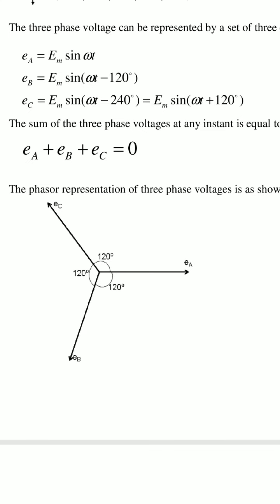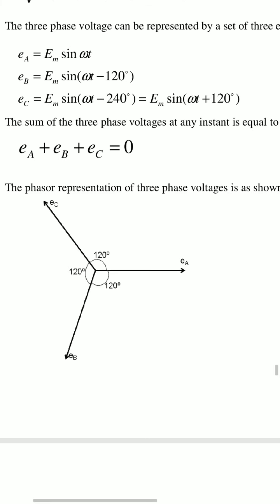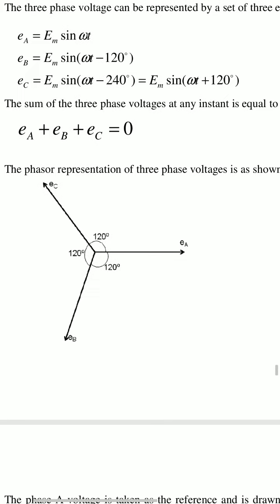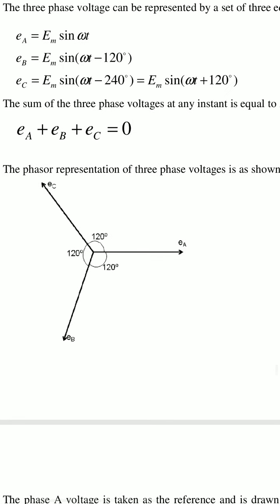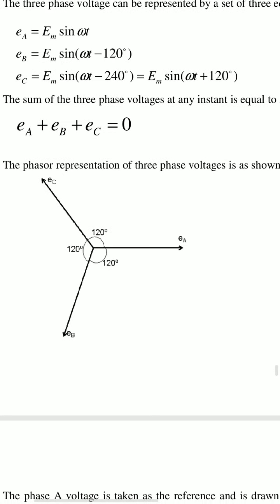B phase is displaced by 120 degrees, and that is why it is written as sin (omega t minus 120) in B phase. In C phase, EC is equal to EM sin (omega t minus 240).